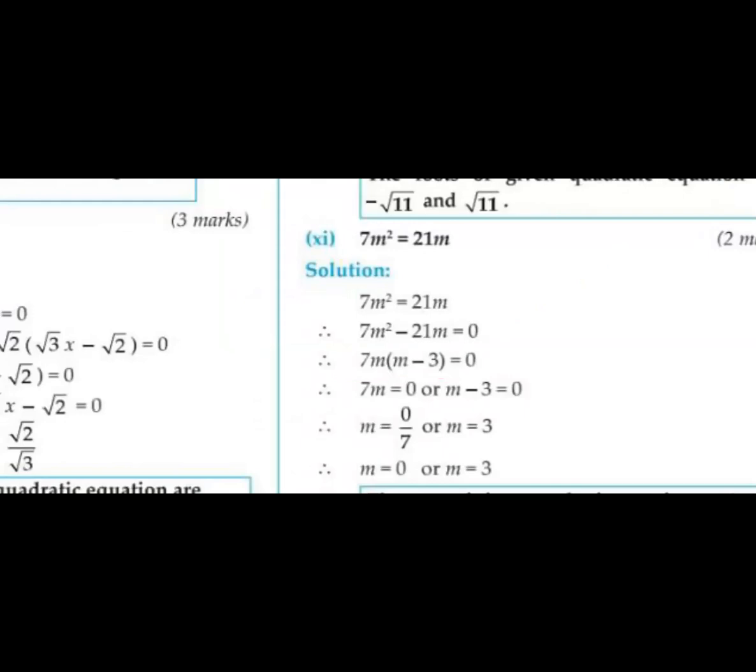So there are two parts. First part is 7m, another part is m minus 3. So 7m equals to 0 or m minus 3 equals to 0. So m equals to 0 upon 7, which is 0, and m equals to 3. Your answer is 0, 3.